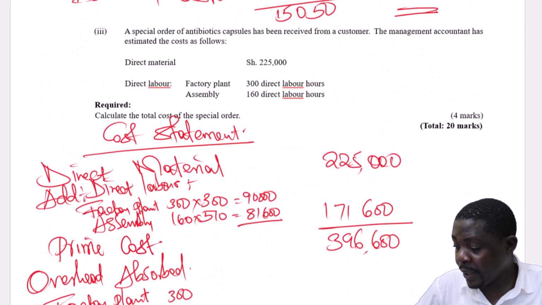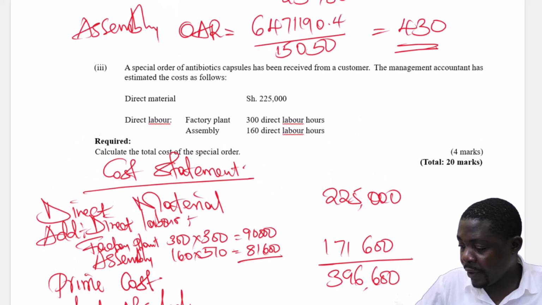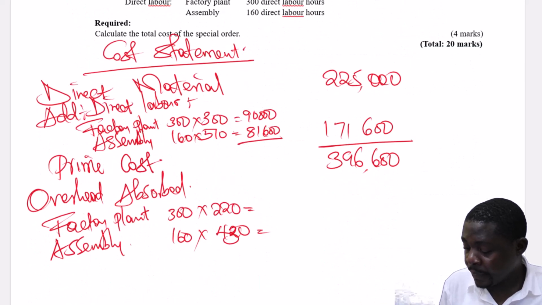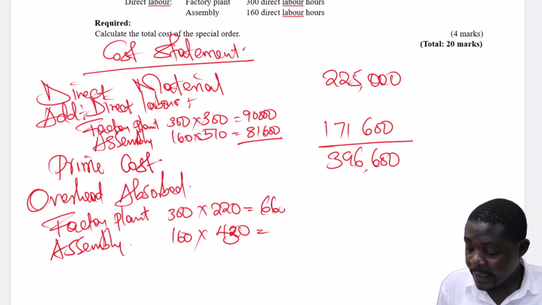We are multiplying by 220 and 430. That's 300 multiplied by 220, this is 66,000.